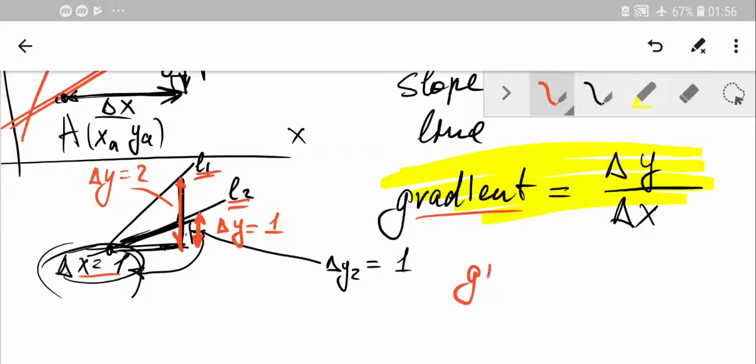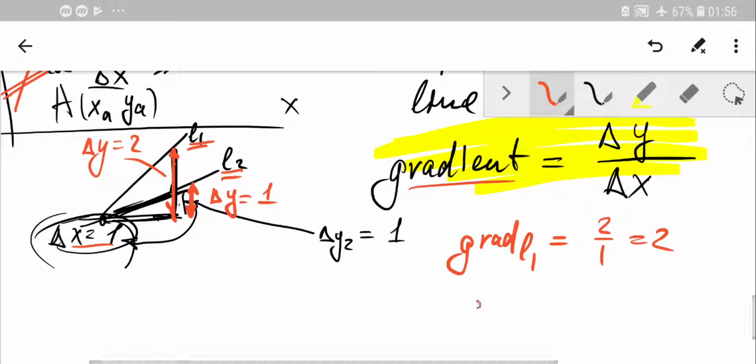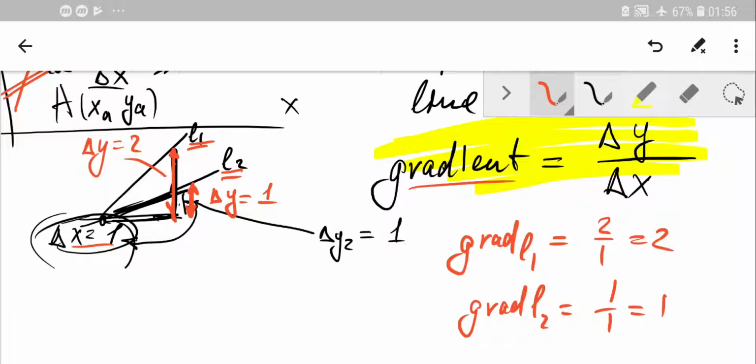The gradient for L1 is simply 2 over 1, which is 2, and the gradient for line 2 is 1 over 1, or just 1. So the smaller the value, the lower the degree of steepness. Line 1 is steeper.